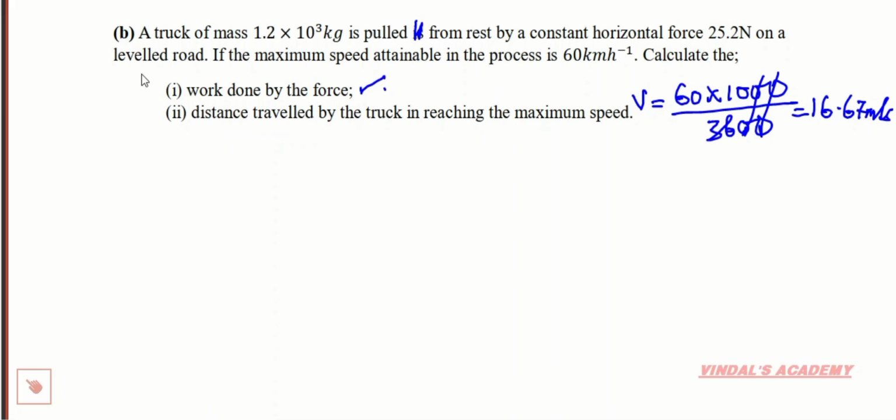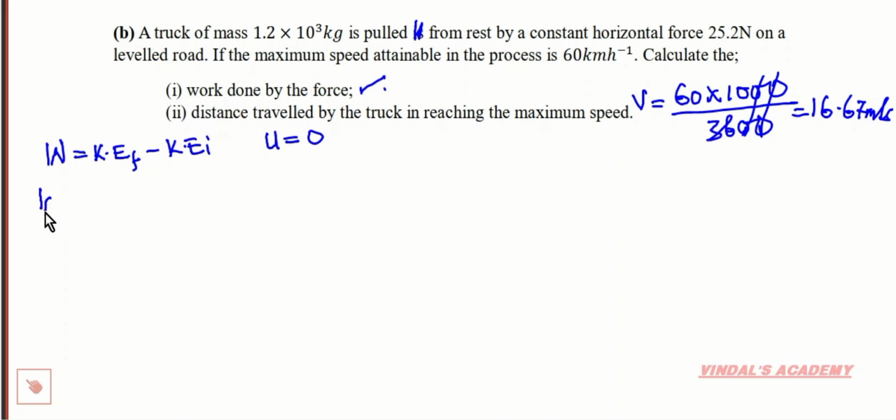All right. So the work done is simply change in kinetic energy, the final kinetic energy minus the kinetic energy of the initial. Since u is given as coming from rest, u is 0.